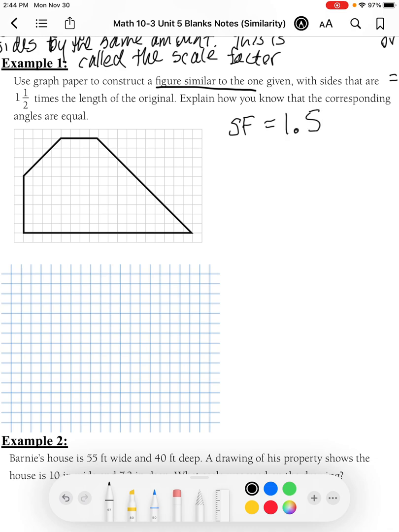What that means is that we need to multiply all of the original side lengths by 1.5. And when you are doing this, precision is incredibly important. So you need to make sure that you are counting very, very carefully exactly how long each side is.